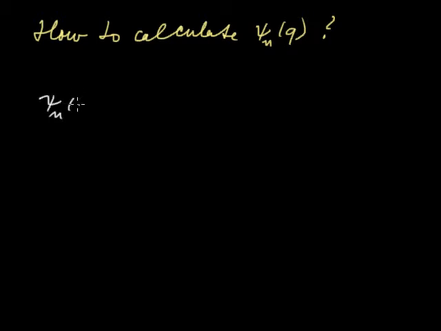So psi_n(q) is actually some normalization factor depending on n, I will write out what it is, multiplied by a Hermite polynomial of the nth order and multiplied by e to the power of minus q squared divided by 2. That's for our dimensionless case.